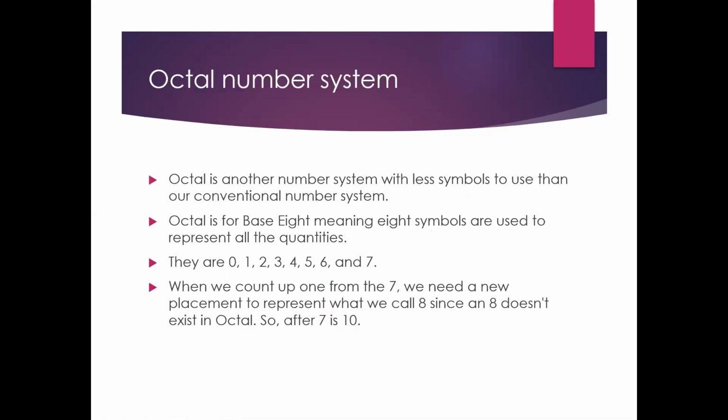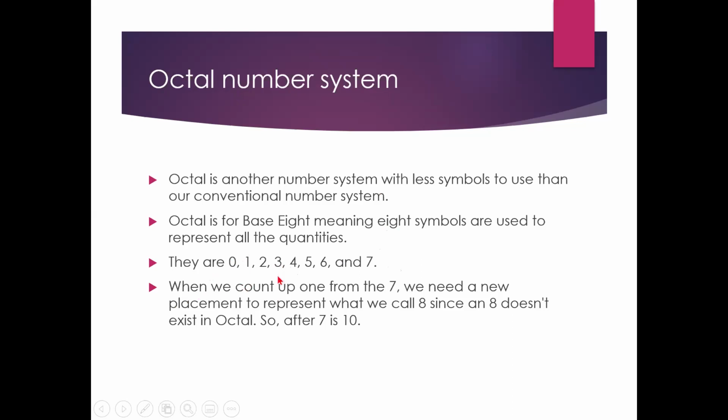Now moving on to the next number system, that is the octal number system. This is another number system. As the name suggests, octal means 8. Here 8 symbols are used in this number system. What are those 8 symbols? 0 to 7. 0, 1, 2, 3, 4, 5, 6 and 7.